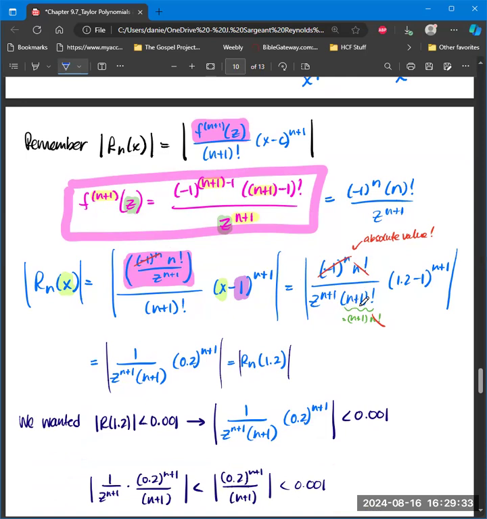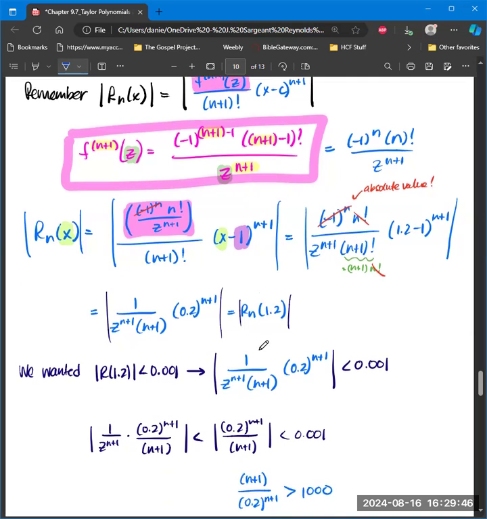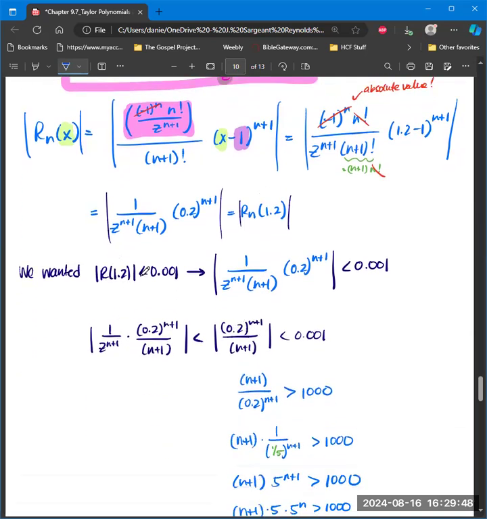So that's going to give us n plus 1 in the denominator. We're going to have 1.2 minus 1, which is 0.2, to the n plus 1. And we're going to have z to the n plus 1. And then that R of 1.2, we need to have less than 1,000th. So we're going to have 1 over z to the n plus 1 times n plus 1.